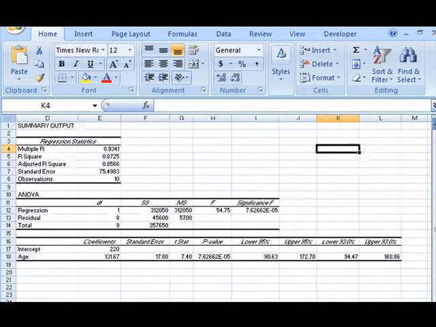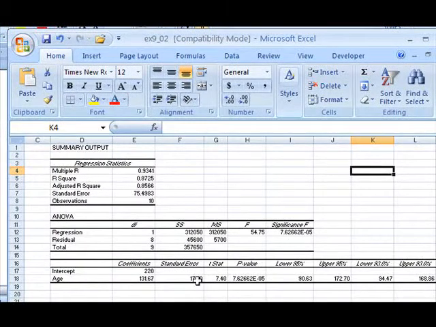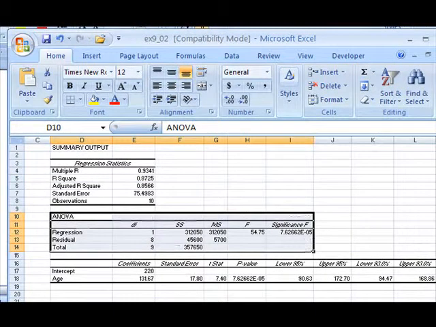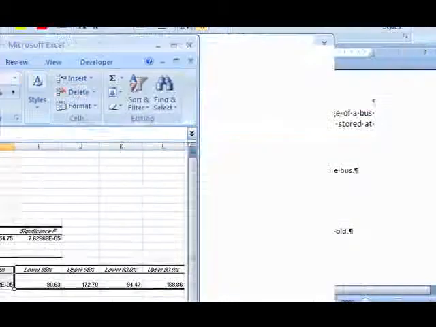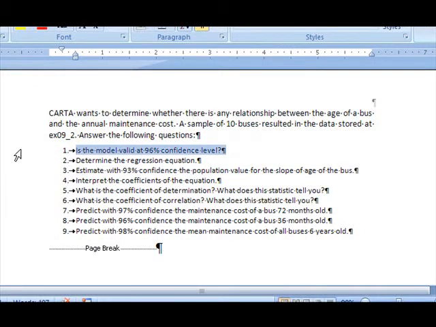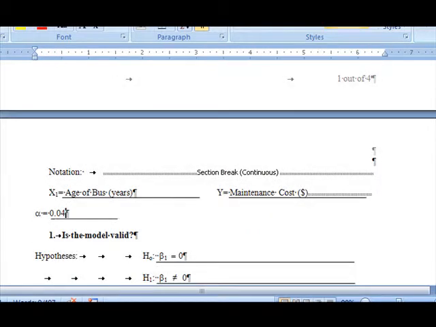Now, the first question is referring to testing for the model validity. In simple regression, you can really do it with 2 methods, either the ANOVA test or the t-test. Both methods should bring you to the same results. They are testing if beta 1 equals 0. So we're going to ask, is the model valid at 96%? 96 is 0.04 alpha, so notice that the hypothesis is just testing to see if the beta equals 0, or if the beta is not equal to 0.